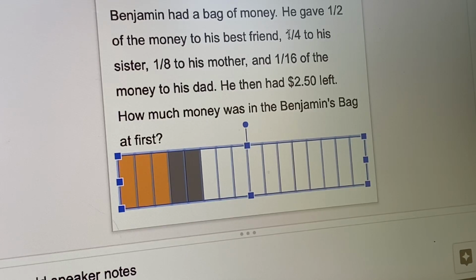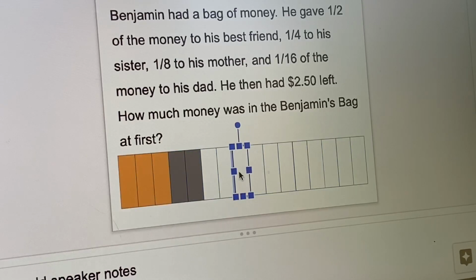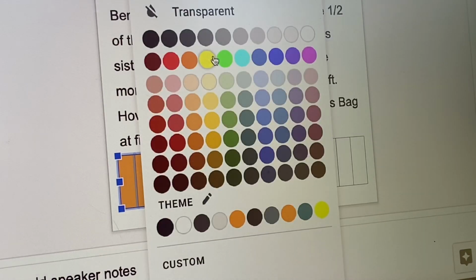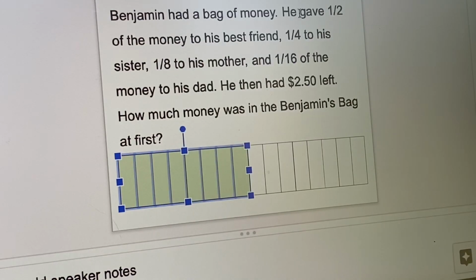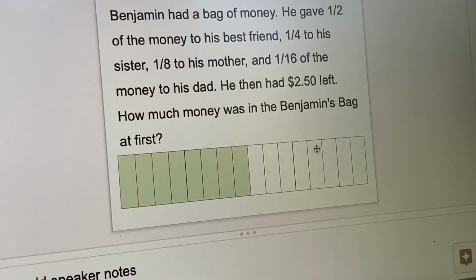Okay, so give half to his best friend. So all these to his best friend. His best friend goes green. Okay, and a quarter to his sister. 16, a quarter is 4. 1, 2, 3, 4.